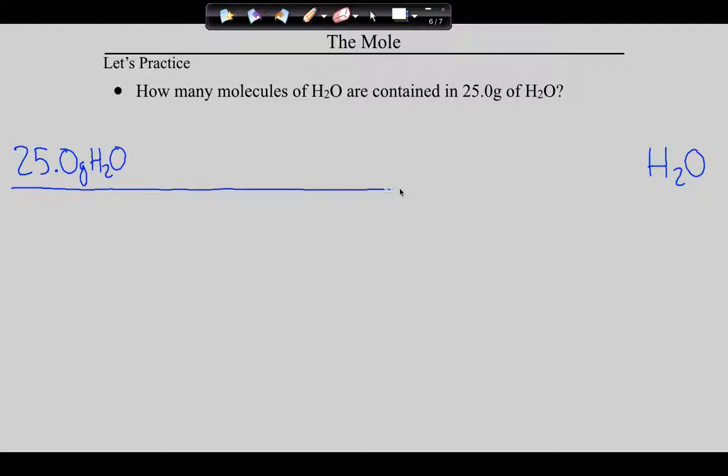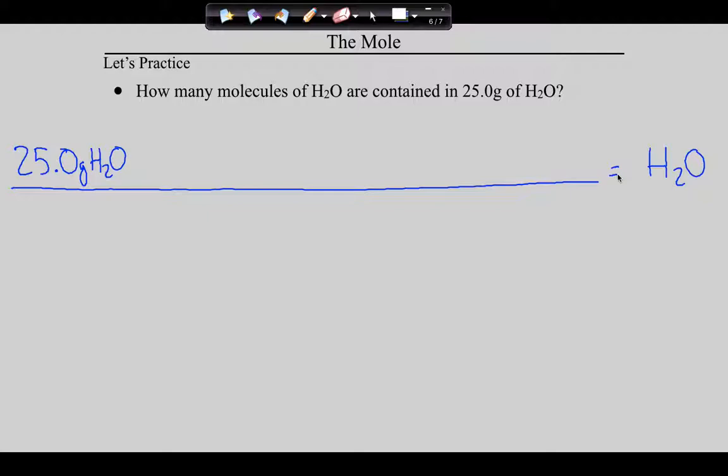And then a line. So guys, let's stop for a second and make sure that you didn't write down 25 grams of water. It's 25.0 grams of water. Why do we care? That zero's significant.